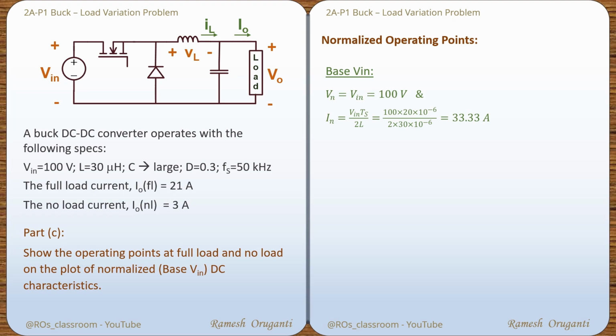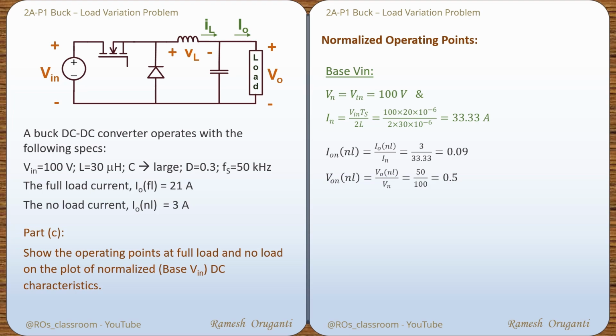So IONL is 3 amperes. So ION-NL is 0.09. I am dividing the no load current by the base current. VON-NL is the normalized output voltage. VONL is the output voltage. Vn is the base value or the normalizing factor for voltage.